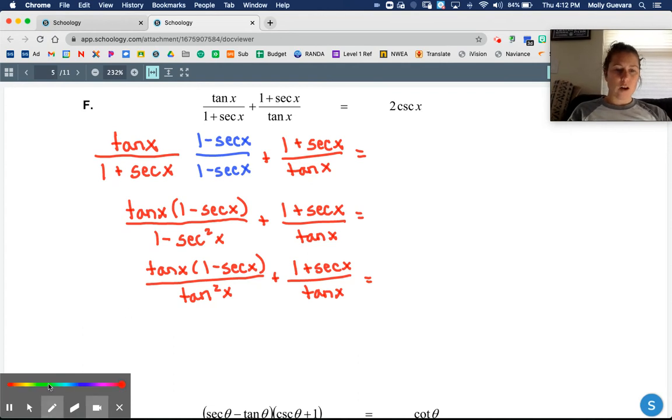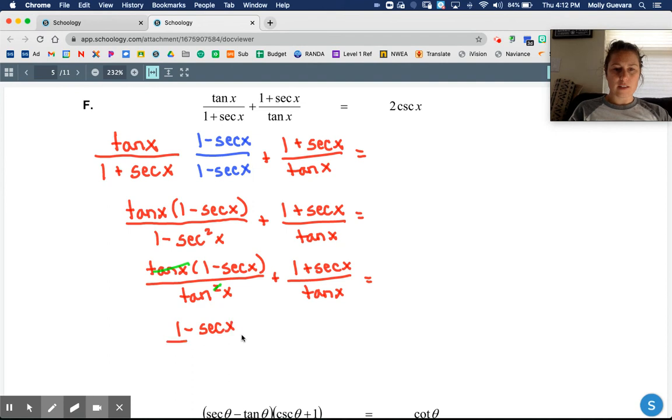So then one of these guys can now cancel. So I'm left with 1 minus secant x over tangent x plus 1 plus secant x over tangent x.